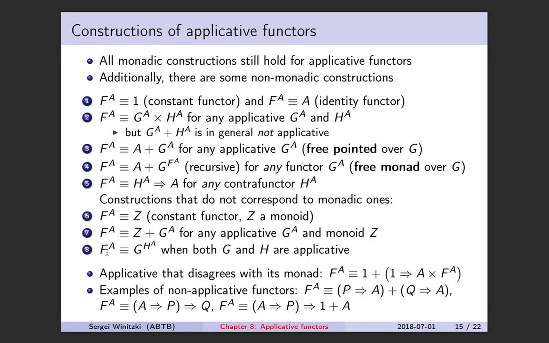Finally, the construction 8 is functor composition. When G and H are both applicative functors, then their composition, which is G of H of A, is again an applicative functor. Now this is not a monadic construction because composition of two monads is not necessarily a monad.